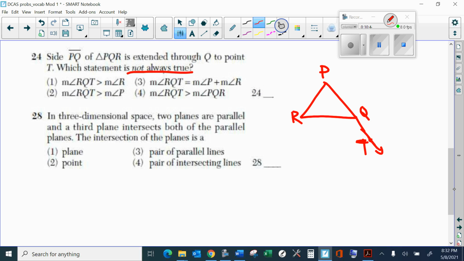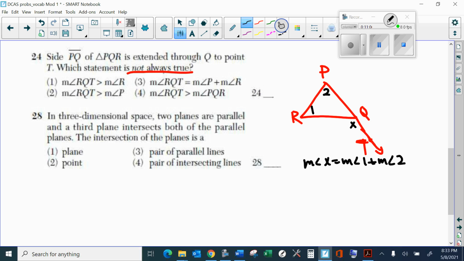Well, this is the exterior angle theorem, which says that this angle equals this angle plus this angle. So the measure of angle X equals the measure of angle 1 plus the measure of angle 2. That's the exterior angle theorem.